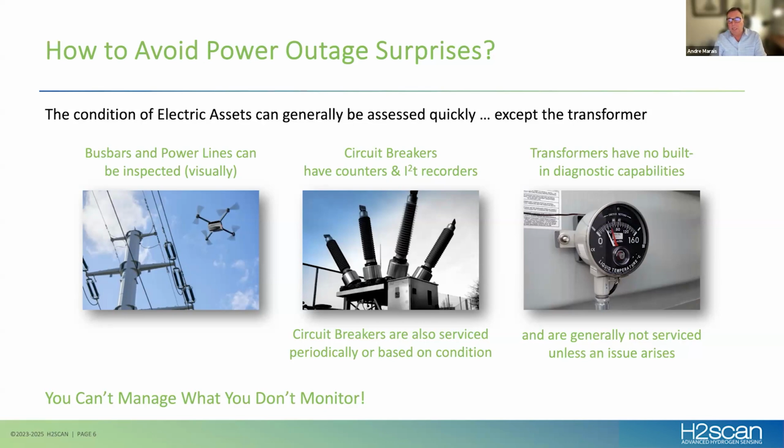You get a liquid temperature gauge, you get a liquid level gauge, but there is no diagnostic light, no diagnostic condition as you buy that transformer from the vendor unless you've specifically asked for them, and they are not serviced unless a particular condition arises. And it gets to, you can't manage what you don't monitor. So you can't get that leading indicator with the system and your status quo as is.